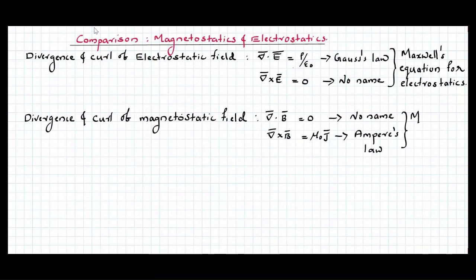Del dot B is equal to 0, no name. But del cross B is equal to mu 0 j is called Ampere's law. These equations are called Maxwell's equations for magnetostatics.